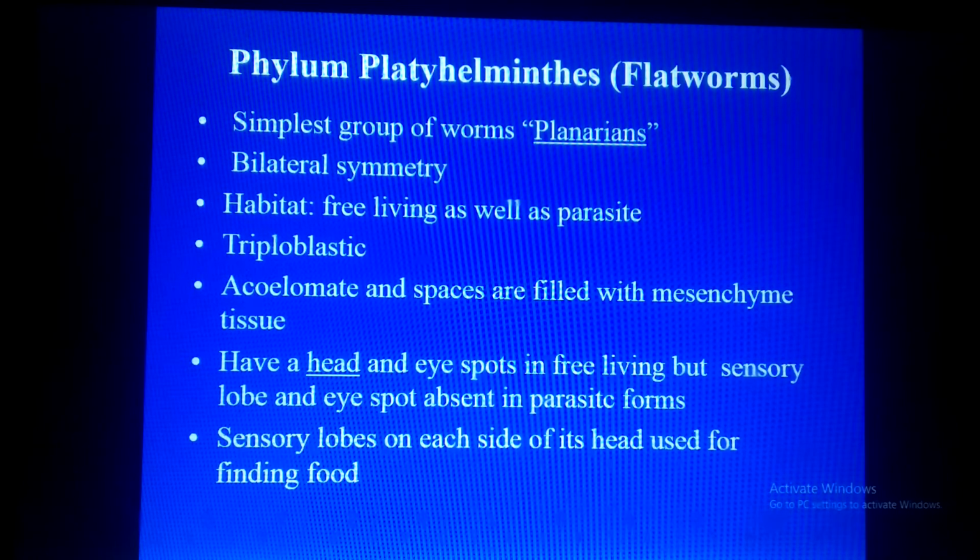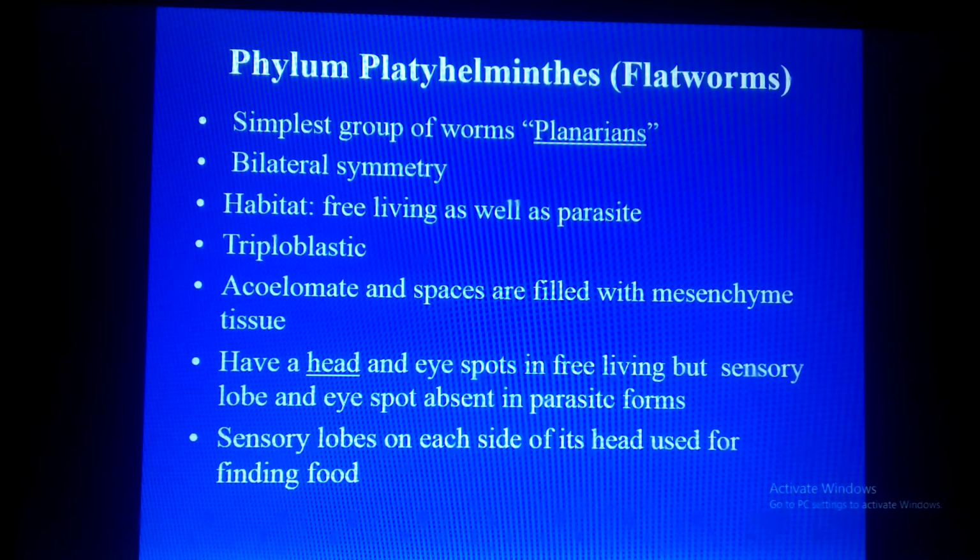They have eye spots, but the difference between the parasitic and the free living form is that the parasitic form does not have eye spots because they don't need them, and they don't have any sensory lobe.